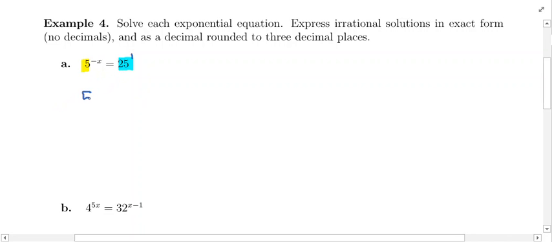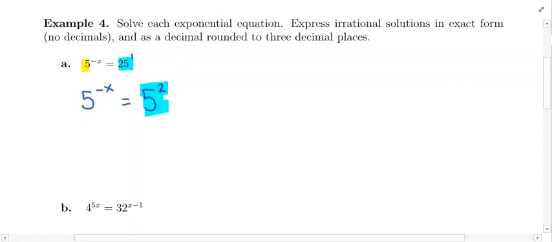Since the left side is already base 5, we're going to leave it alone. On the other side, 25, we need to rewrite it as a power of 5. Well, 5 squared is 25. So the quantities in blue are the same: 25 is the same thing as 5 squared, or 5 times 5.